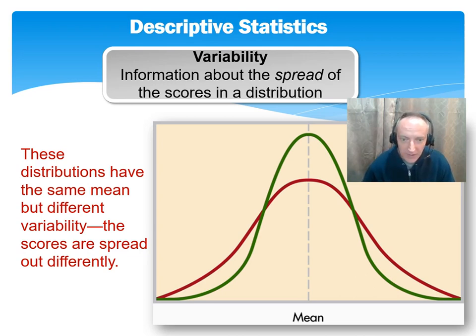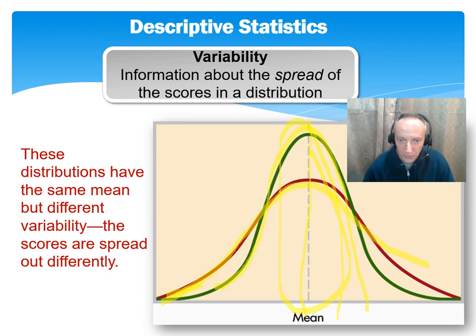Because if you imagine, under these curves represent how many people get a particular score. Both of these data sets have the same mean. But if you look at the green curve, you're going to see you've got a lot more people who are close to the mean and not many that are spread out.